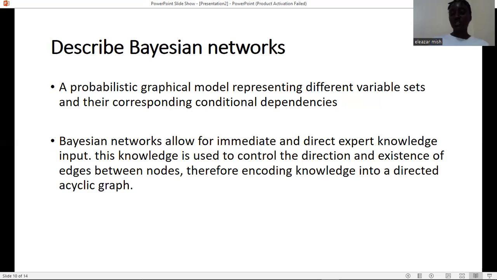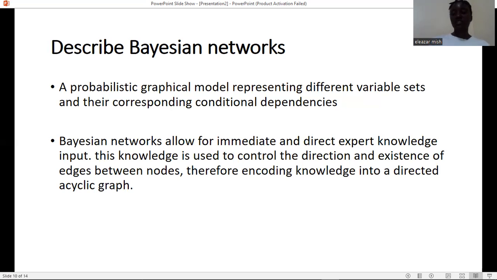Then Bayesian networks. Bayesian networks are basically a model under probability still. They are a graphical model that represents the different variable sets and all their corresponding conditional dependencies. So they allow for immediate and direct expert knowledge input.